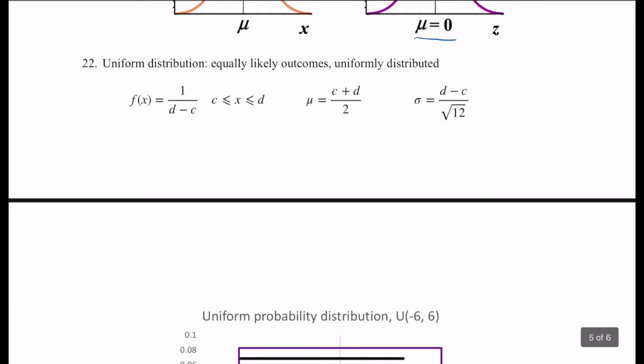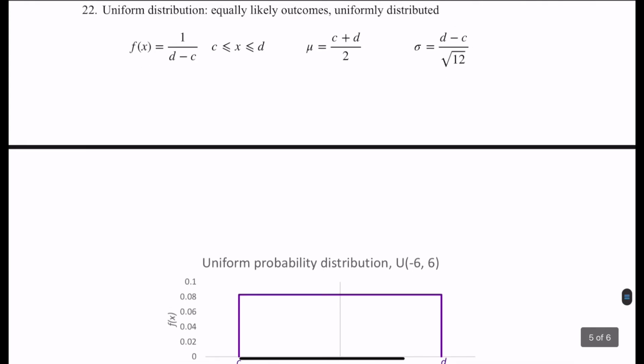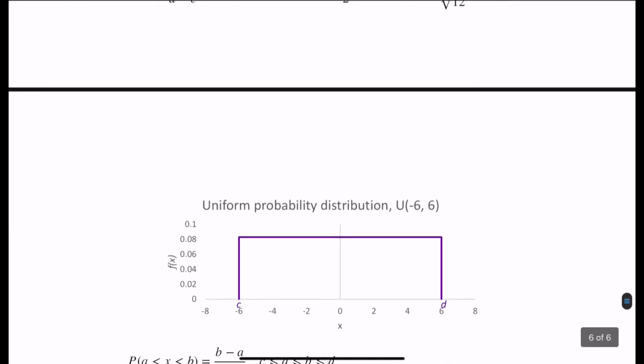You can tell from the name, uniform, which means that for every single event in this distribution, it has the same probability. They're equally likely outcomes. So that's what we mean by uniform. And the probability density function will look like this. You see every event has the same probability here.